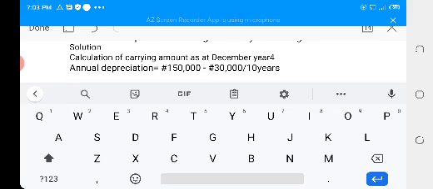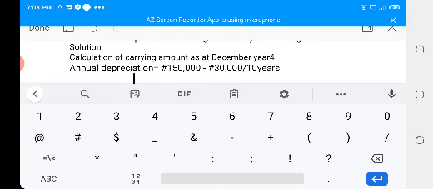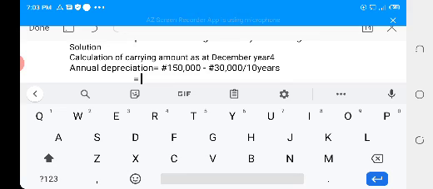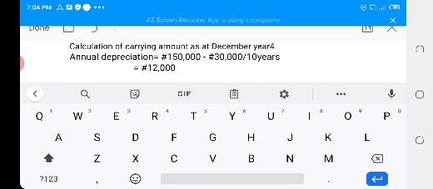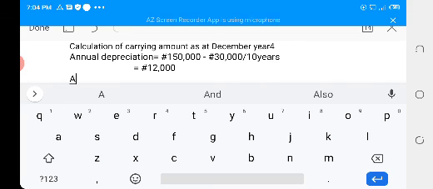So the annual depreciation will be equal to 12,000.